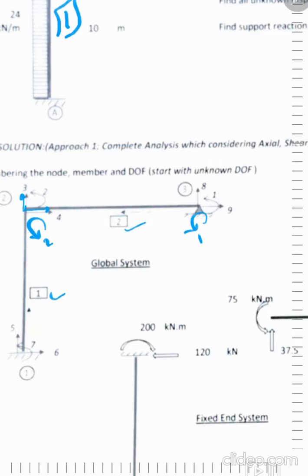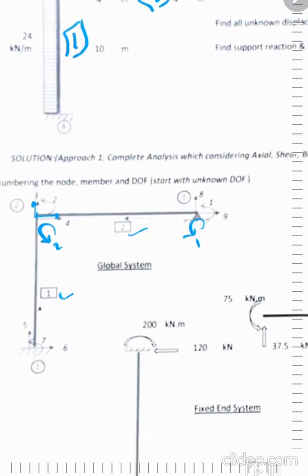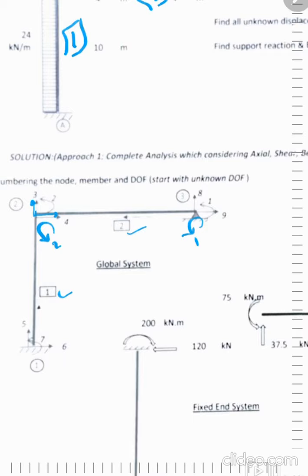But to make it a simple structure, a simple solution, start with known forces, because it's easy. When you calculate it can make some problems, especially when you collect the matrix.